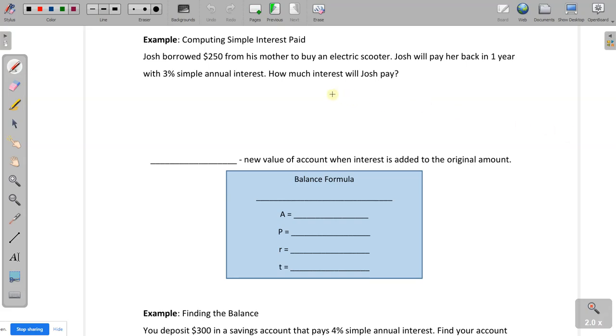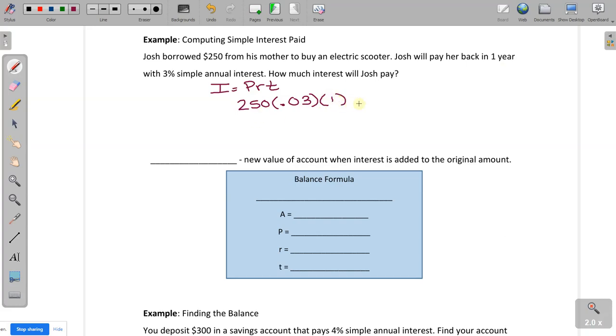So start off with your equation. I equals PRT. The starting amount, your principal, is $250. He's going to pay a rate of 3%, change to a decimal is 0.03, and pay her back at 1 year. So multiplied by 1.